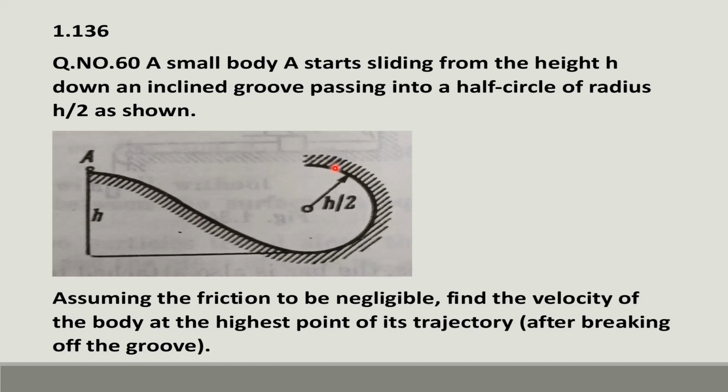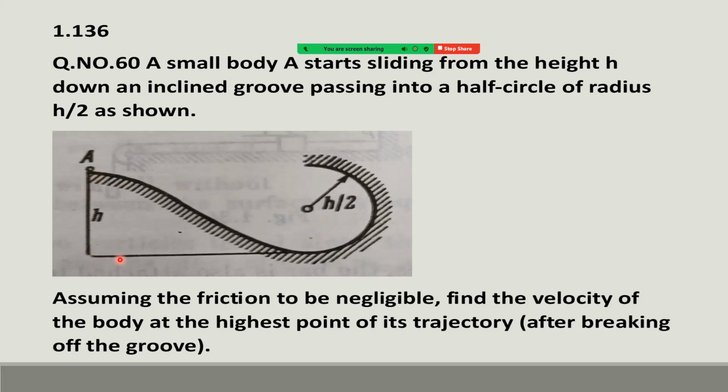So if you have those points in mind, and one more thing: when it loses contact, at what height it loses contact, and at that instant, what is the velocity, and the angle made by the radius vector with the upper vertical, then we can directly make the calculation.